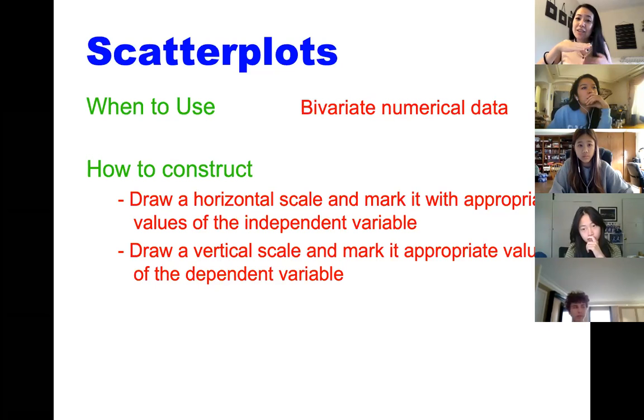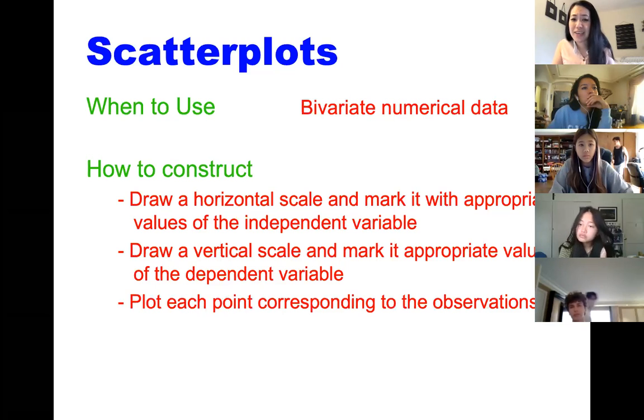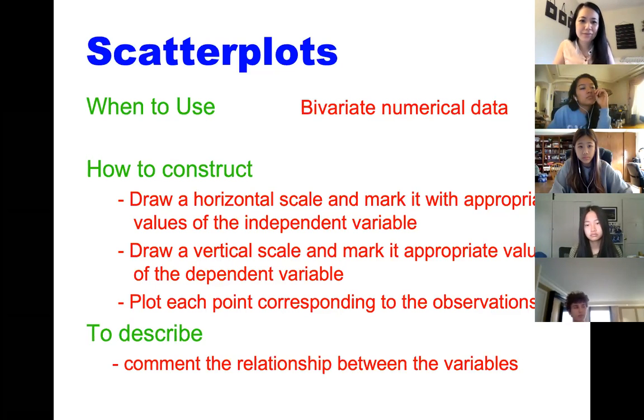The x variable is going to be your independent variable, and the y variable is going to be your dependent variable. We're going to talk more about this a lot in chapter 5, so don't worry about this one so much right now. For the quiz, don't worry about it.